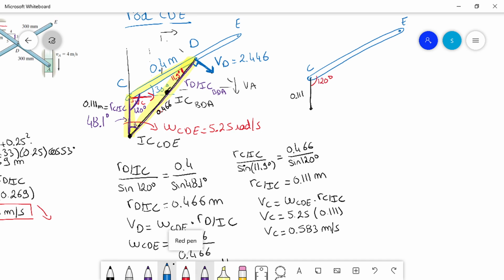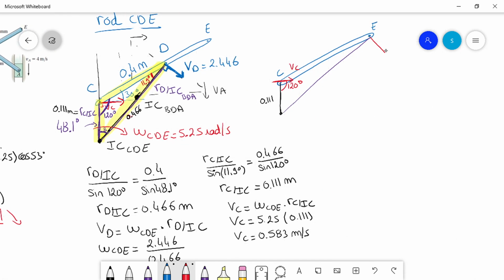We can draw the line from C to E. We know VC there, right? This one will be perpendicular to this. This dimension there is RE about IC, so we just need to find this one.